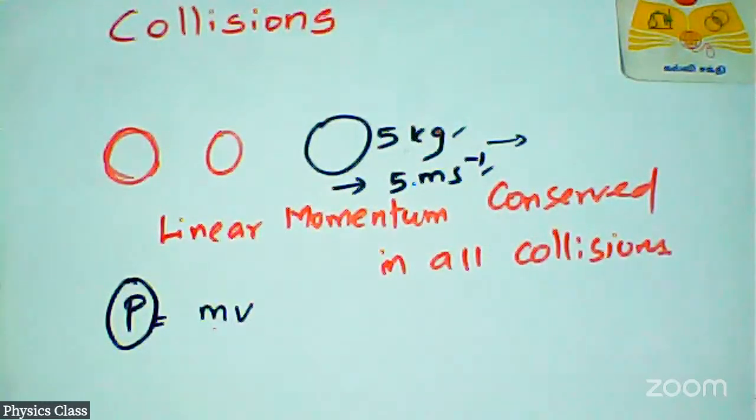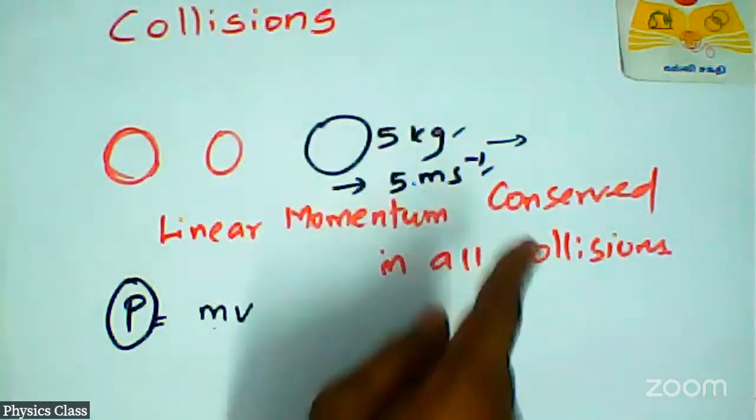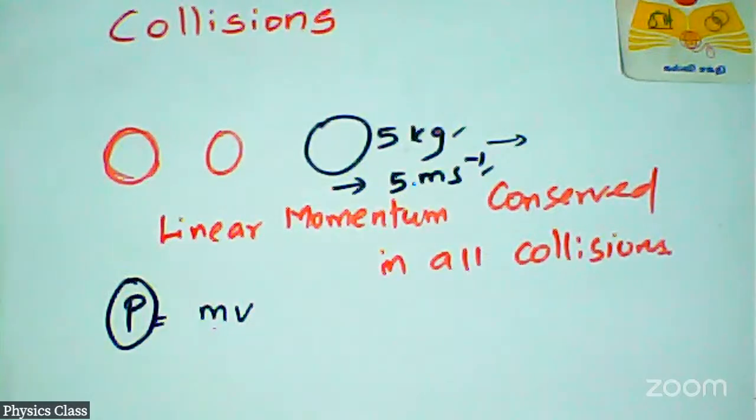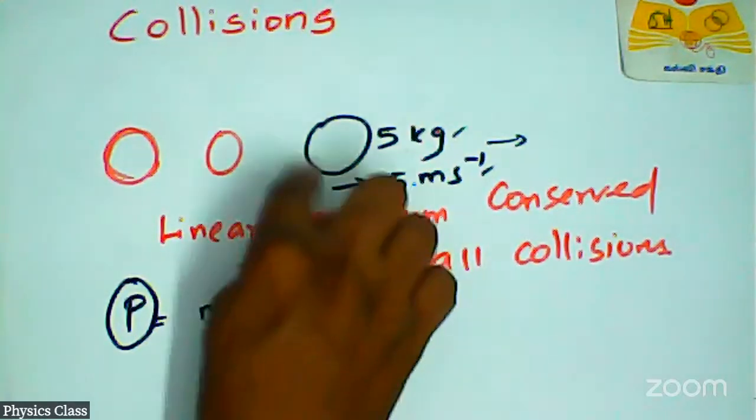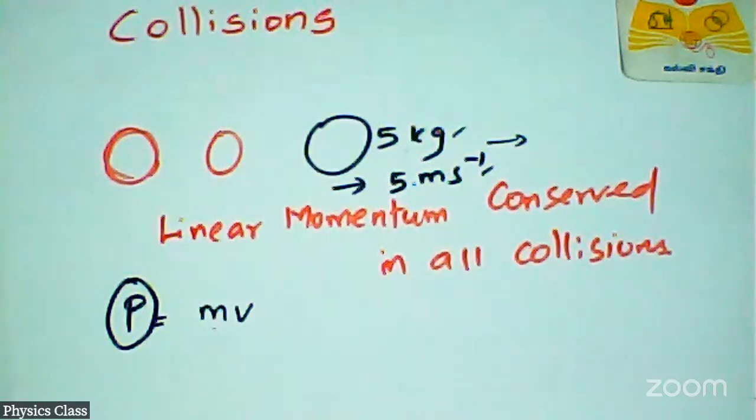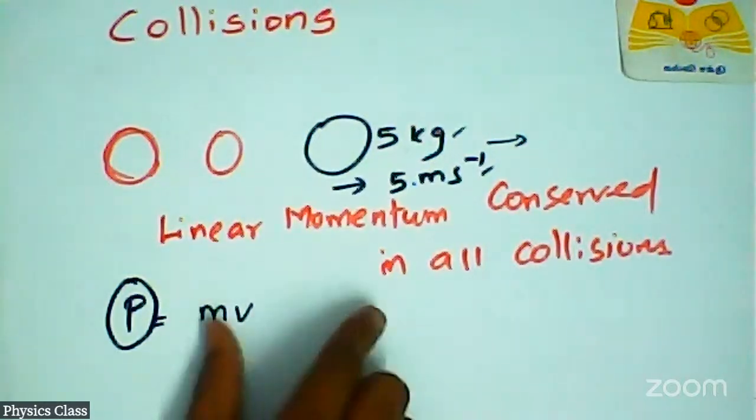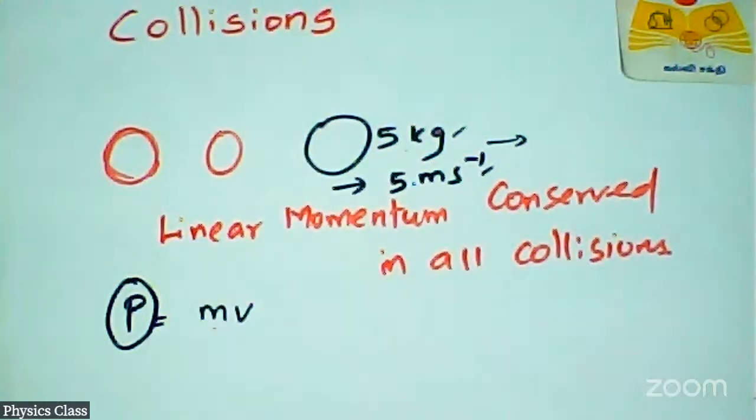So linear momentum is not a base quantity, it is a derived quantity which comes from mass and velocity. If you multiply the mass of that object with its velocity, you get the momentum for that object only. This linear momentum does not change in any collision process. That means it is conserved. Conserved means does not change.